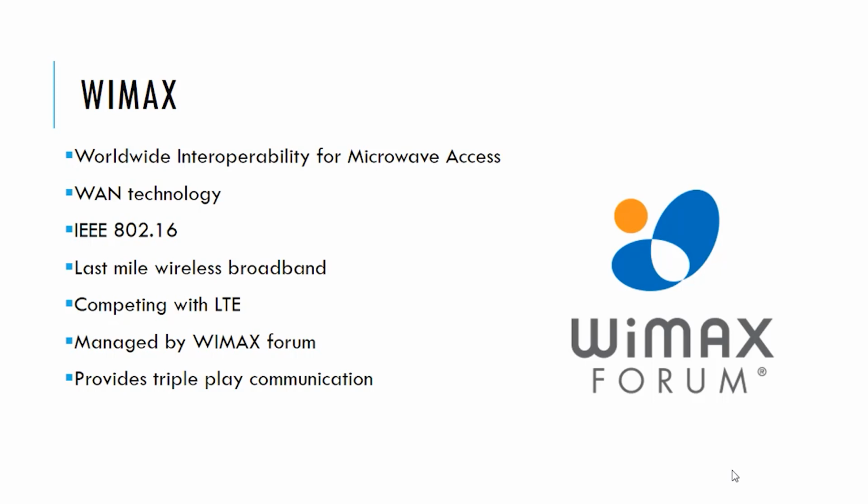One outlet for the fixed phone, for the voice, another outlet for the laptop, for the internet, and a third outlet for your television for streaming video on demand, for example.